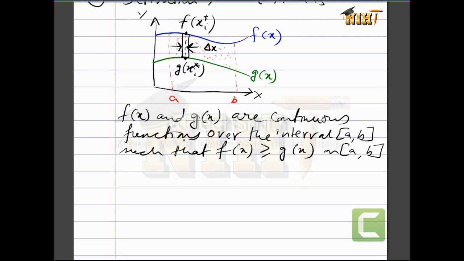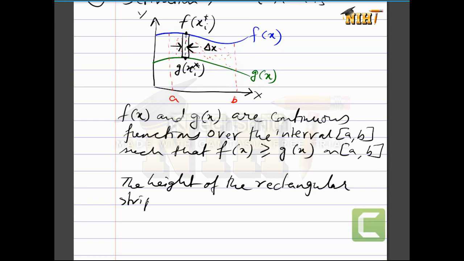Now, the height of this rectangular strip can be written as f of x star i minus g of x star i.